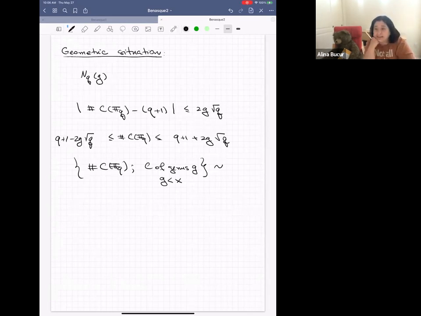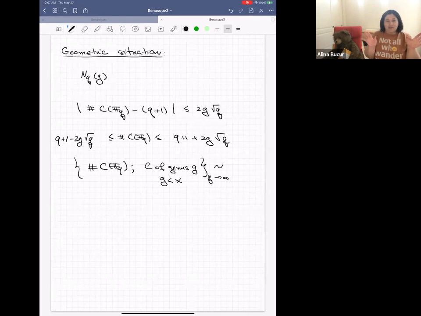But the question is, what happens when the genus is big enough? You can see how you can arrange that Q plus 1 minus 2G times square root of Q is actually negative. So already you lose the end range on the left of your distribution.